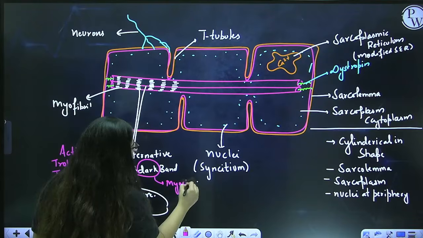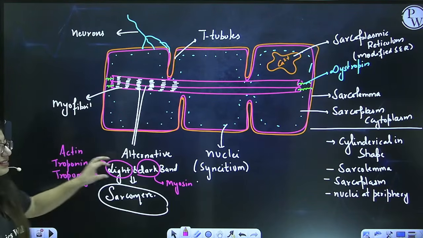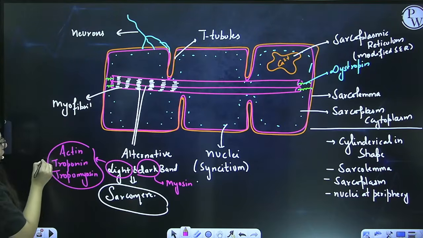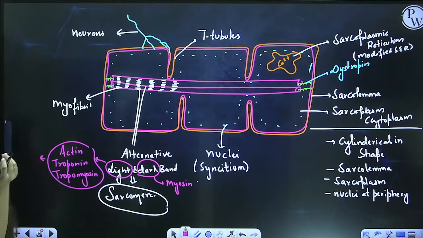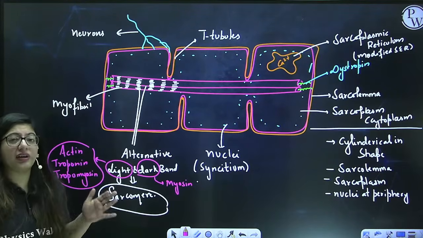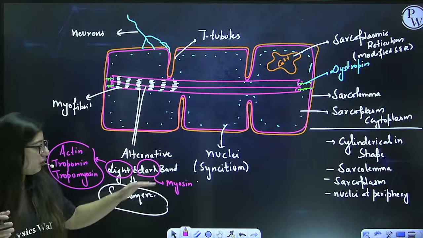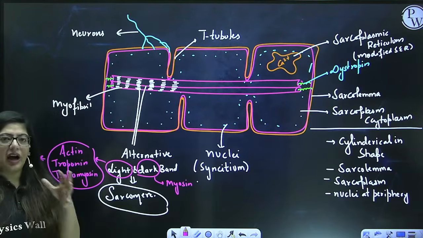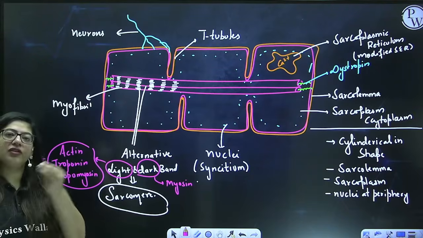The light band is light in color because the band formed by this is very thin. Anything that is thicker will be dark in color, and anything thin will be light in color.